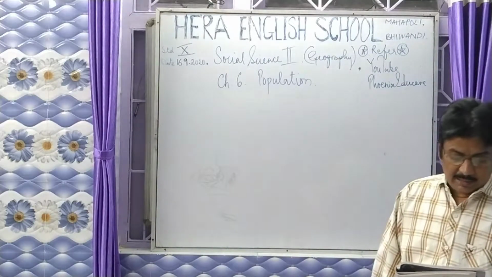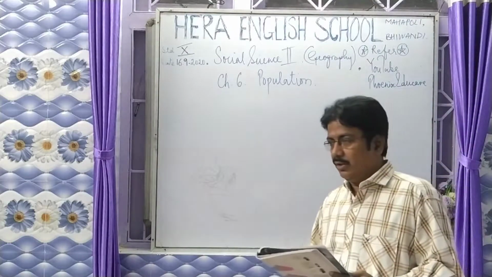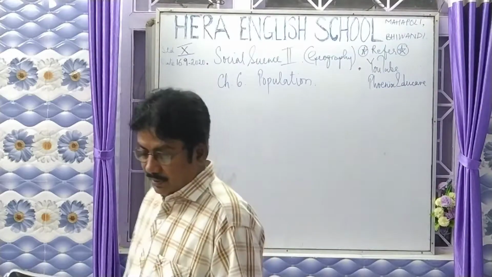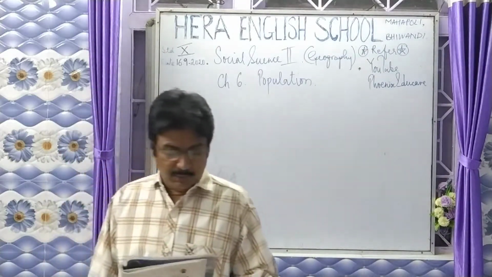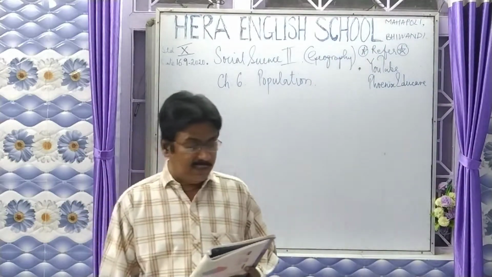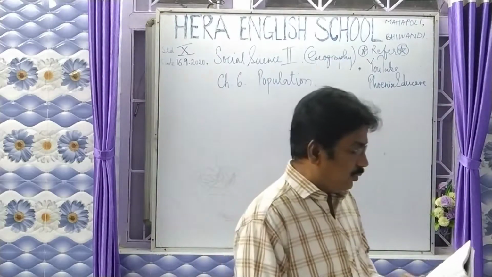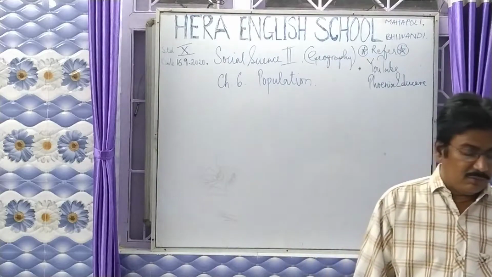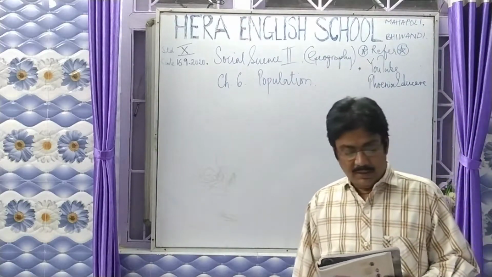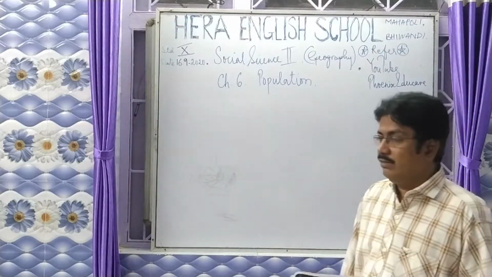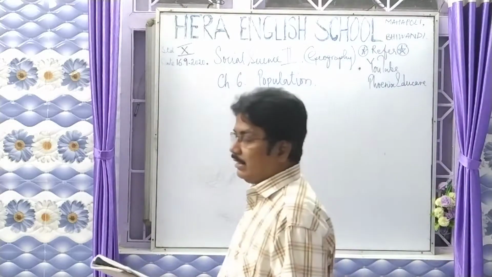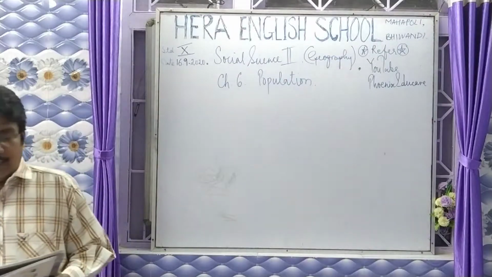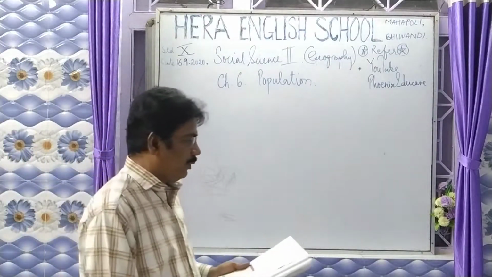We are starting with 1961, according to the census of 1961 in both the countries. It was just below 940 in India, and it was more than 1010 females per 1000 males in Brazil. That means the ratio of females was more than the ratio of males in Brazil, and in India it was vice versa.